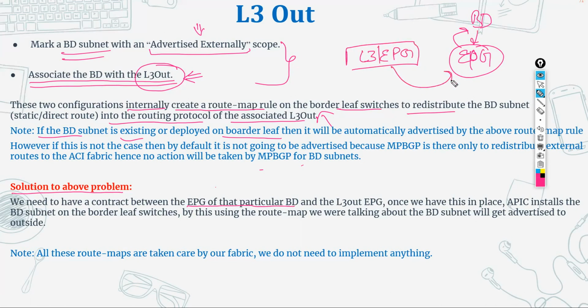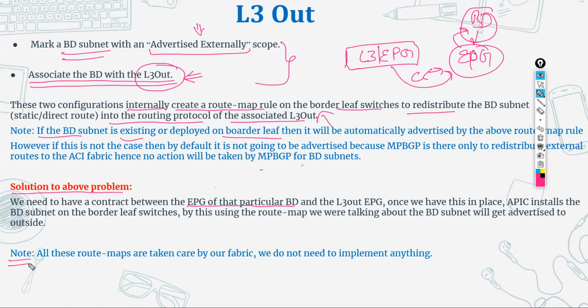We need to place a contract between the L3 out EPG and the EPG that belongs to that bridge domain. As soon as this is done, ACI is going to install that BD subnet on the border leaf switch, and then, with the same process using that route map, the BD subnet is going to be advertised to the outside.